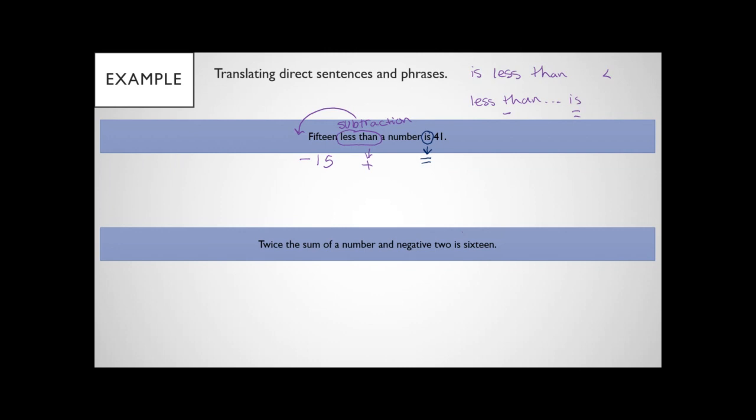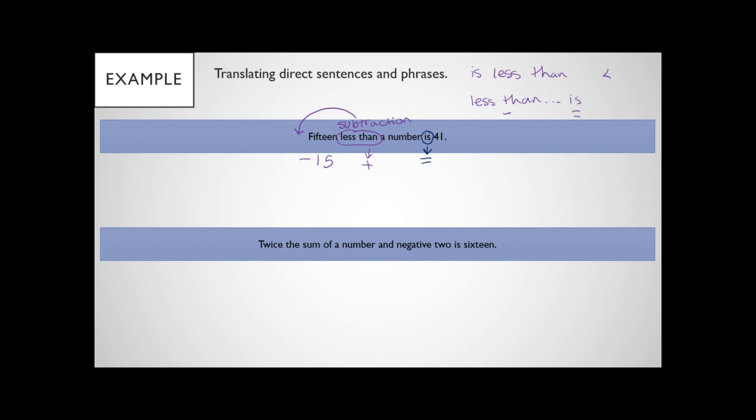So I've translated the 15, I've translated the less than, I've translated the is. All I'm left with is the number and 41. If it says a number, that means it's a variable and you get to choose what variable you want. It's not giving you a letter to use, so you can choose anything you want.